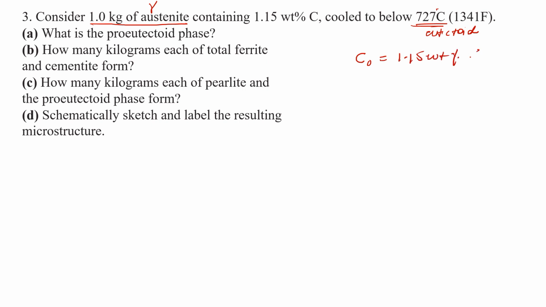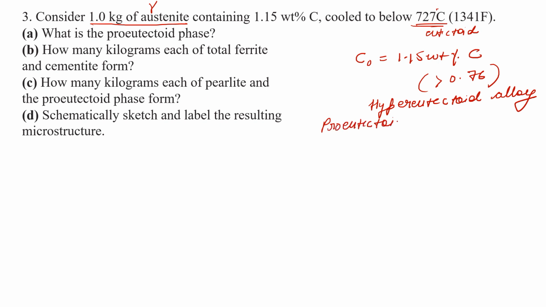Since it's greater than 0.76, this is a hypereutectoid alloy. So what is the proeutectoid phase? Naturally, if it is a hypereutectoid alloy, my proeutectoid phase should be Fe3C, right? So this is the answer for this part.